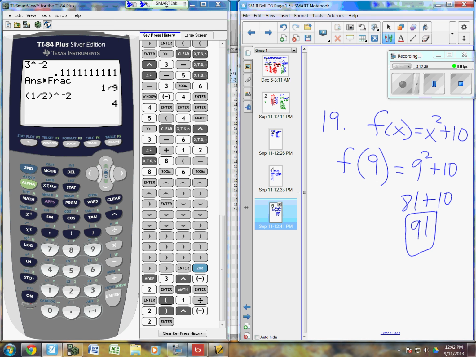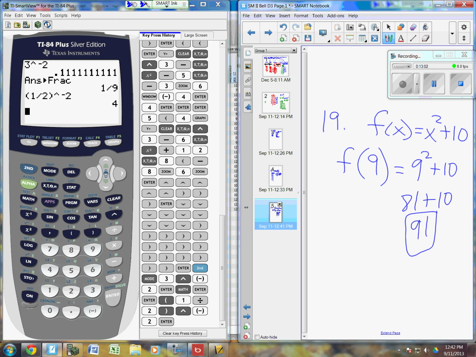Now, are they different kinds of functions? What are these functions back here so far? Most of them, down to 23, are what kind of equations? Listen, you guys. From 19 to 23, what kind of equations are they? They're quadratic. What kind are 24 and 25? Those are exponential.